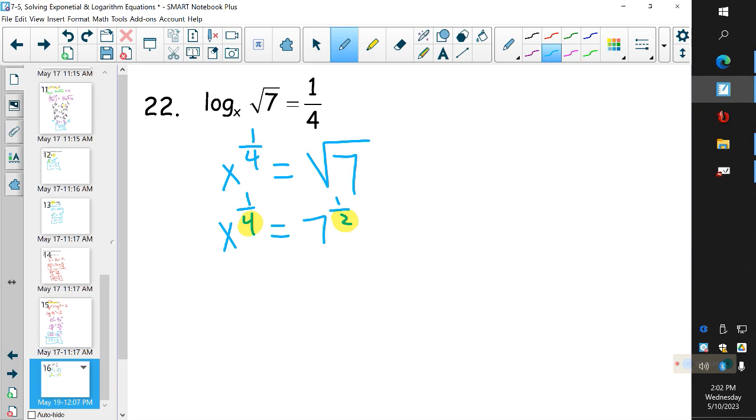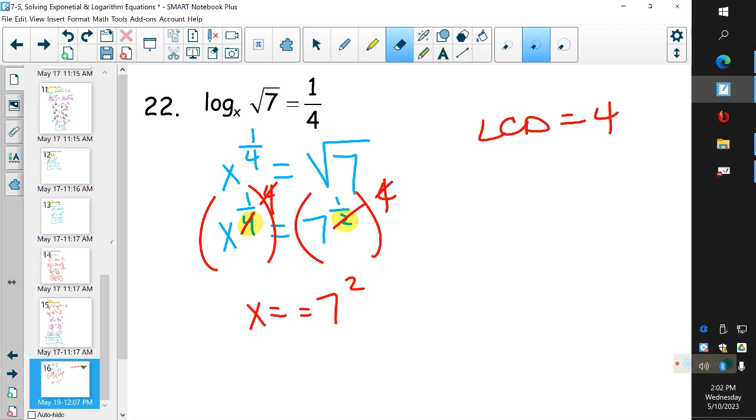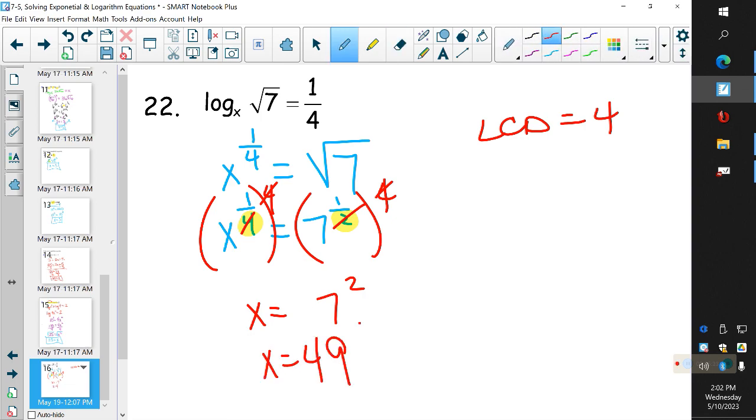What is the LCD between 4 and 2? The LCD between 4 and 2 is going to be 4. So you're going to raise both sides to the power of 4. The 4's cancel out here. I'm left with an x. 4 and 2 cancel out to give you a 7 squared. And what is 7 squared? 49. And that is section 7.5.